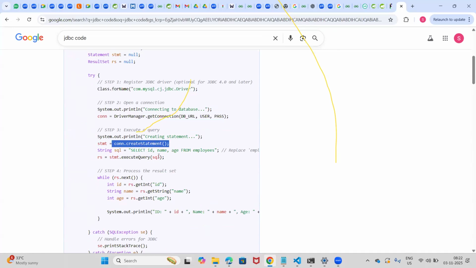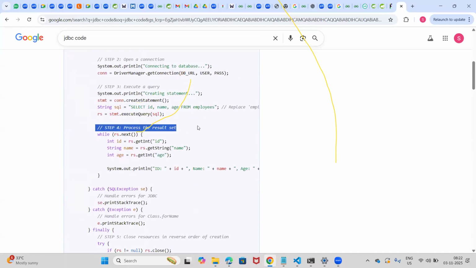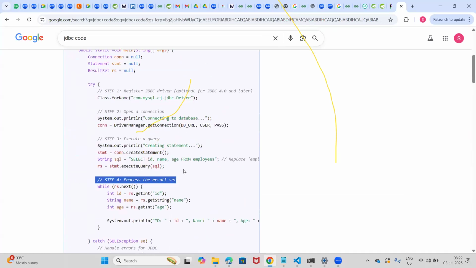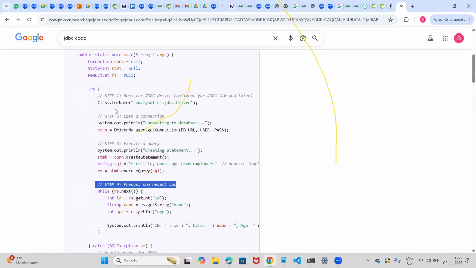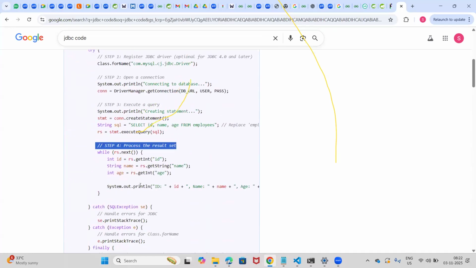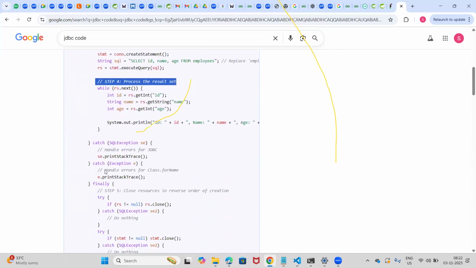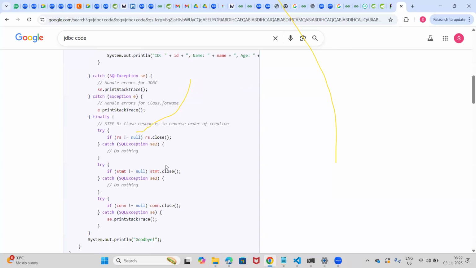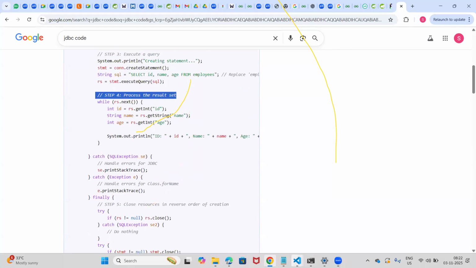You need to execute the query and process the result set. So just for one method, if you want to fetch from the database, you need to do how many steps? 1, 2, 3, 4, and you need to handle exceptions also. The fifth step is handling exceptions.